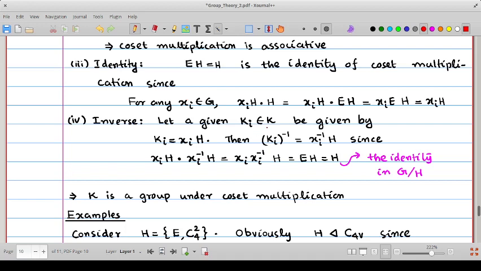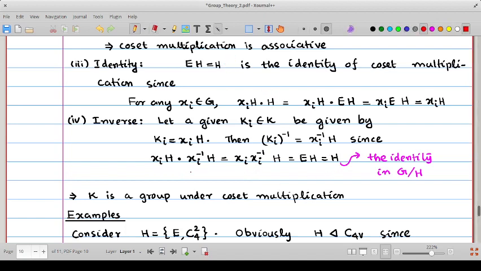And the next is the existence of inverse. For any coset XiH, its inverse is defined by Xi inverse H. That is because if we take the product of XiH with Xi inverse H, then that should be equal to the product of Xi with Xi inverse times H. But this is nothing but identity times H. But that simply gives the invariant subgroup H itself, which is the identity element as we have identified here.